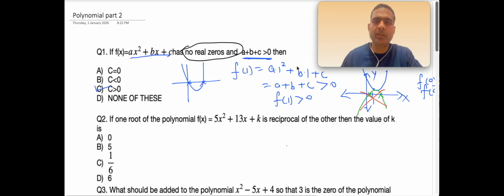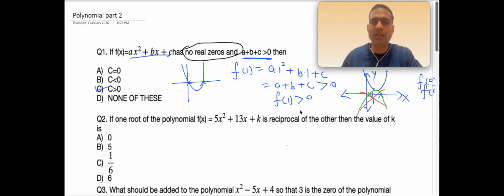So what we did? First of all, we analyzed that this is a quadratic polynomial, so its shape will be a parabola. Now it has no real zeros. It means the parabola is either totally above the x-axis or totally below the x-axis. Now for whether it is above or below, we found f of 1, that is a plus b plus c, and in the question it is given that a plus b plus c is greater than 0.